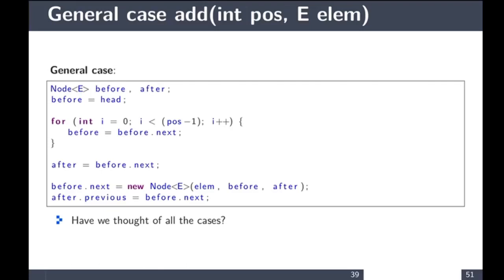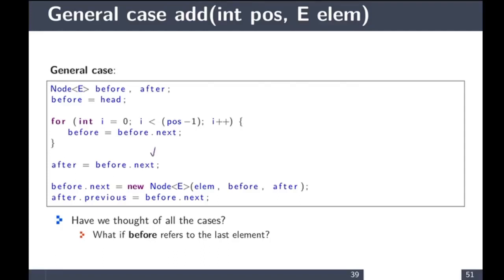Have we thought of all the cases? Obviously not, otherwise I would not be asking the question. So what if before, when we move all the way in the list until pos - 1, what if before was pointing at the last element? If this is the case, then before.next is null.